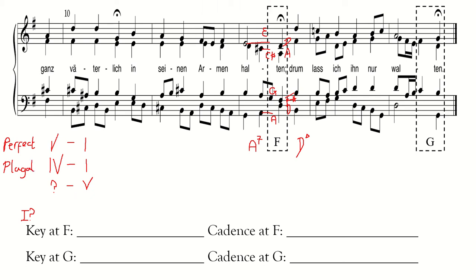Instead of the perfect, which starts with 5, this one ends in 5, so it's imperfect. So they do have proper names which we can use, and we'll come back to that in a sec. There is another one which is the interrupted cadence, but we'll have a look at that shortly.